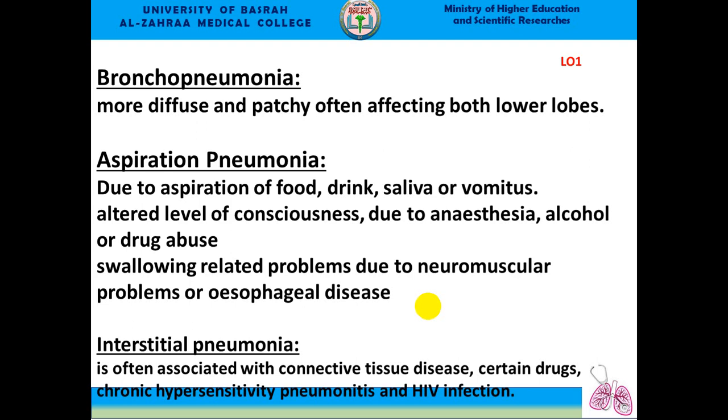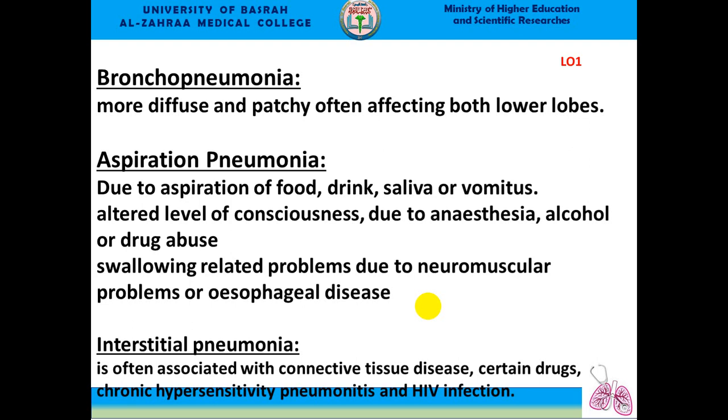So those with altered level of consciousness, those in coma, or those after surgery and after general anesthesia, so they are not fully conscious, or those who are intoxicated with alcohol, they are semi-conscious and vomiting a lot, or those who have drug abuse, using some sort of drugs that cause alteration in the level of consciousness.